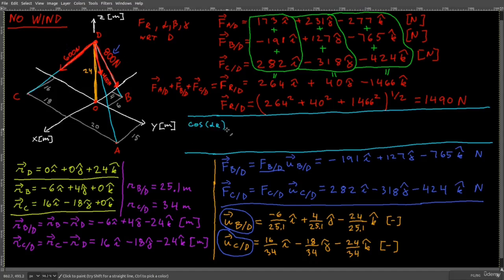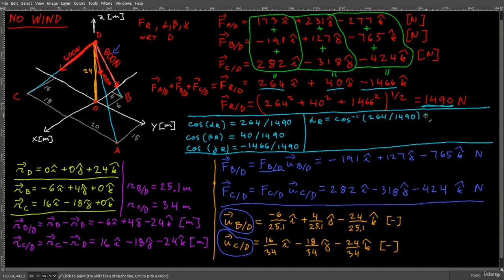Cosine alpha r, so it's alpha for the resultant vector, that's 264 over 1490. Then cosine beta r, that's 40 over 1490. And then cosine gamma r, that's minus 1466 over 1490.